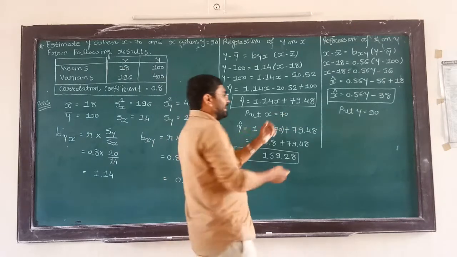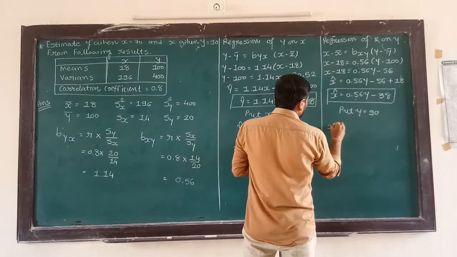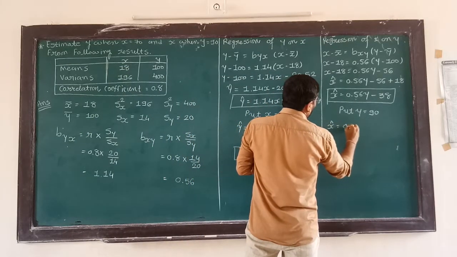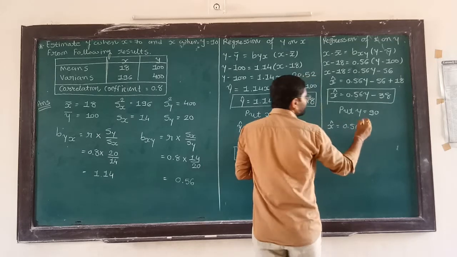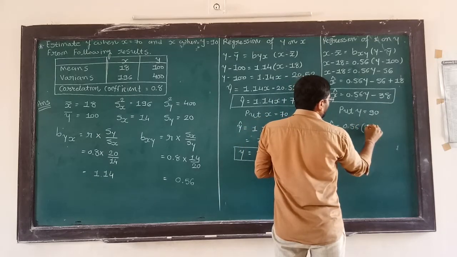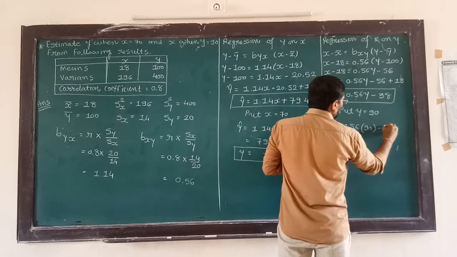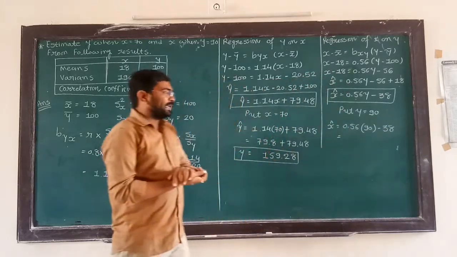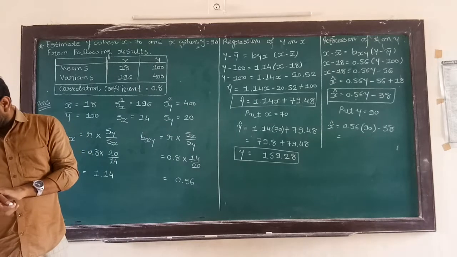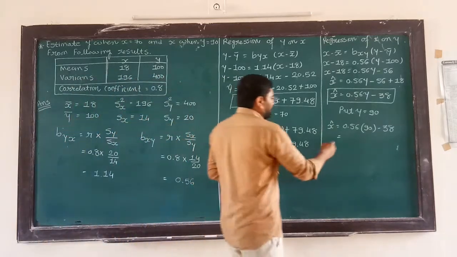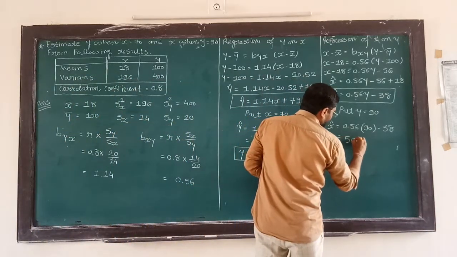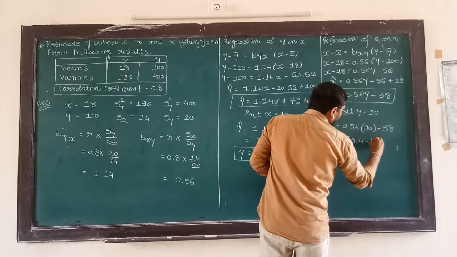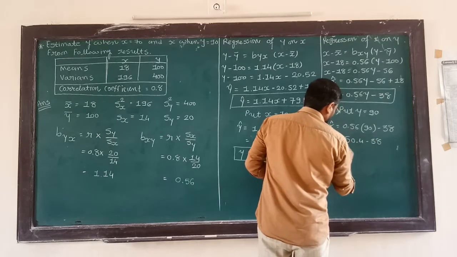Same as we find x: x cap is equal to 0.56y minus 38, with y is 90. 0.56 into 90 is 50.4, minus 38.